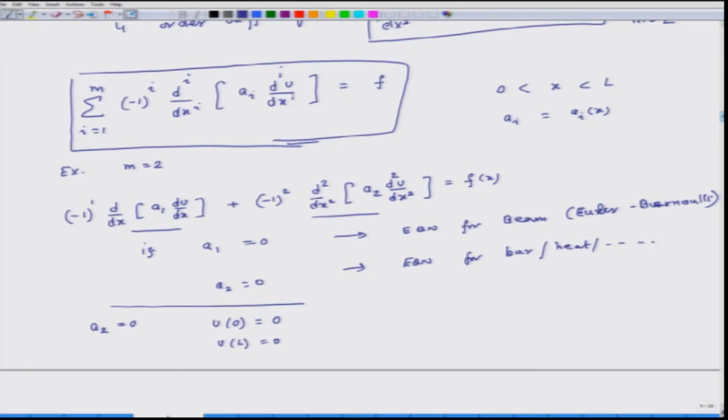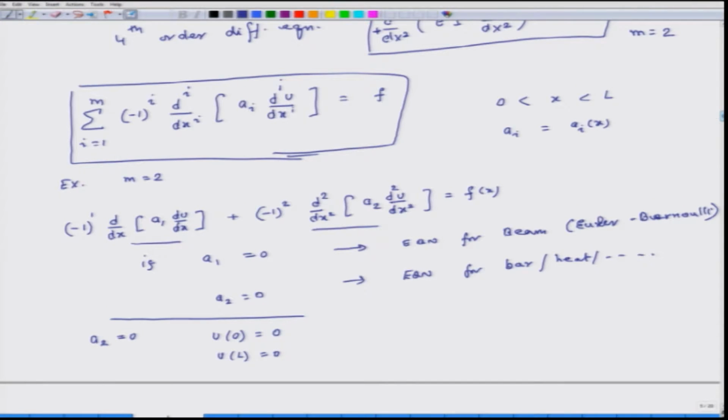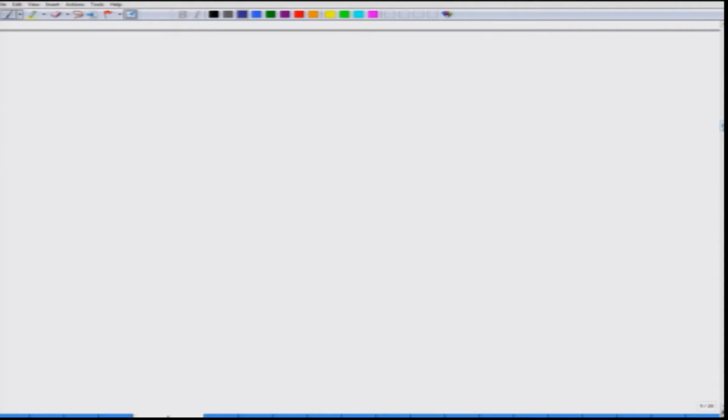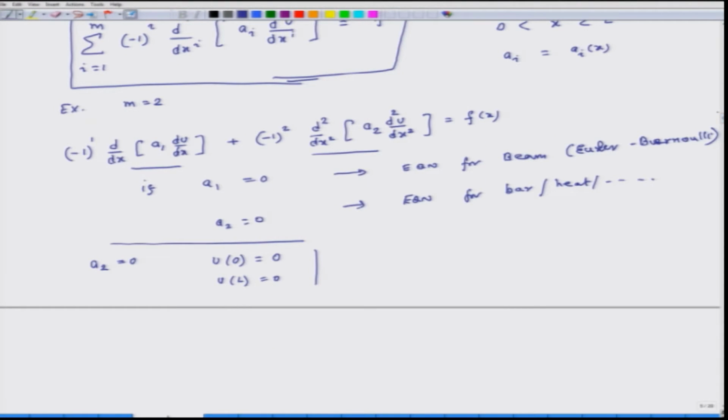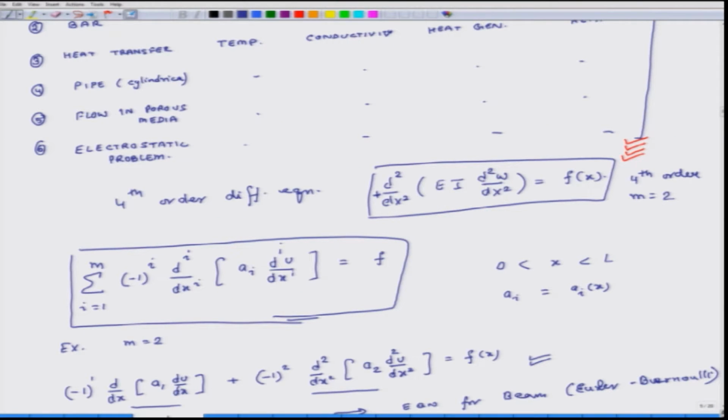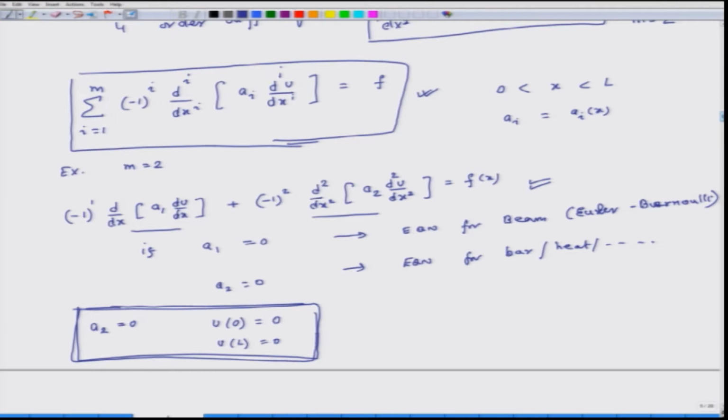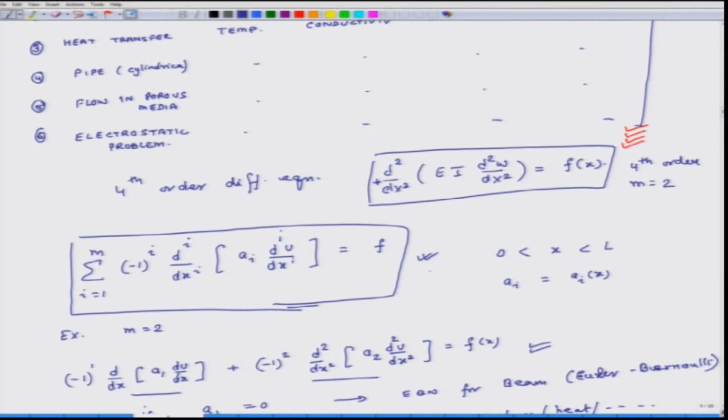So, for these boundary conditions, first we will be more general and later on we will implement these conditions. We will start from this equation, or this can be abbreviated as this equation. We will develop this equation further and later we will set m as 1 and so on and so forth.